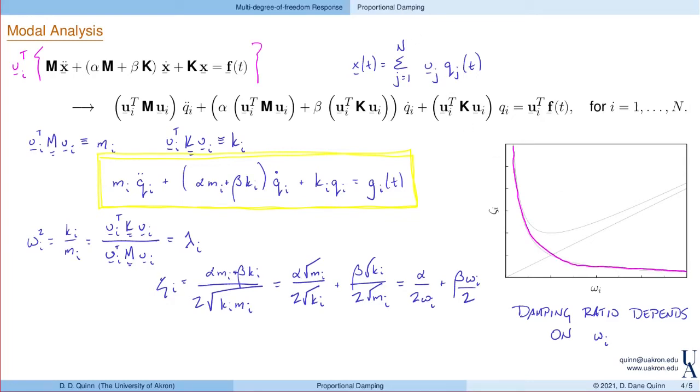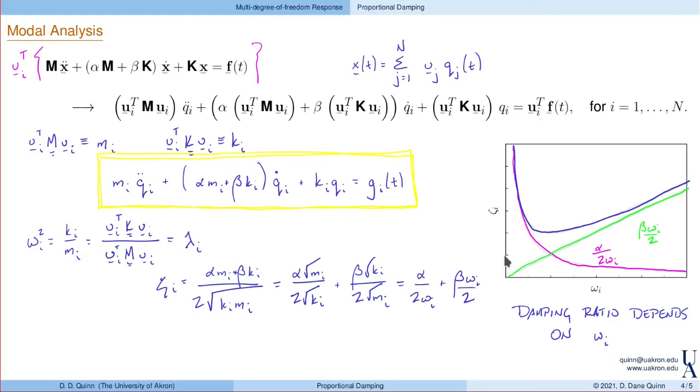And then this second term just scales linearly with the modal frequency. So when I add these two together, the overall damping ratio ends up looking like this, shown here in blue. Because this blue piece is beta omega divided by 2, and the pink curve is alpha over 2 omega. So you add those two together, and you find your overall damping ratio.